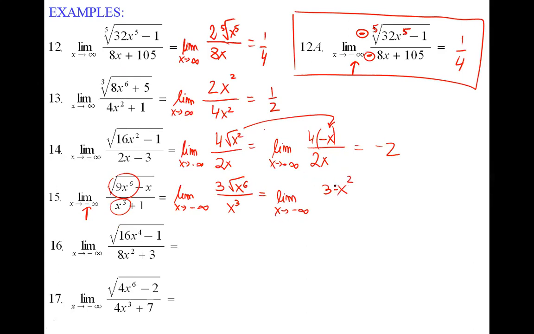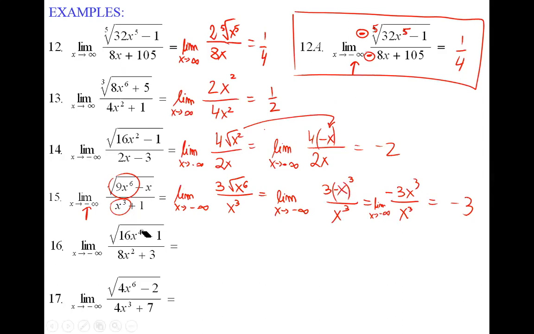But since it's negative, I will keep negative x, because we remember we have to have the positive. Dividing by 2 will give me 3. Am I right? I did put 2. 6 divided by 2 is 3. Okay, and then I do have negative 3 x cubed over x cubed, just negative 3. Of course, still indicating negative infinity. Okay, that's what we can see.